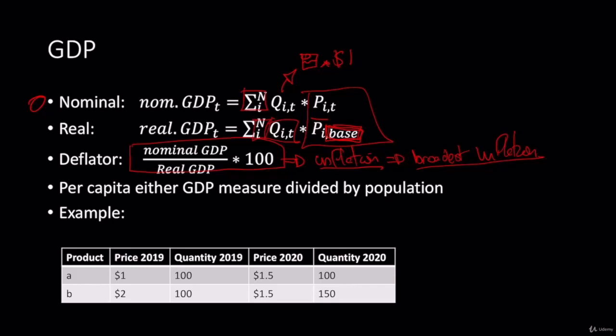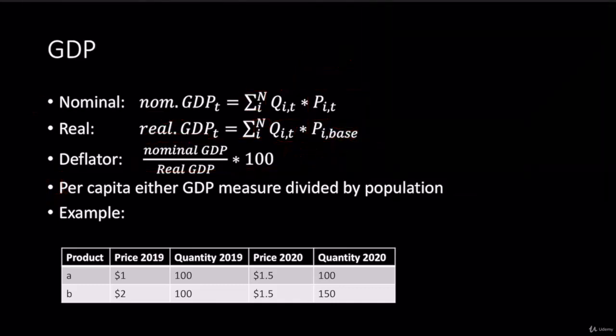And we can do the same measures per capita, and the difference is that I would just take nominal divided by capita, real divided by capita, etc. So let's do this simple example where I have, I called it A, but we can call this orange juice, and I can call B, cars, for example.